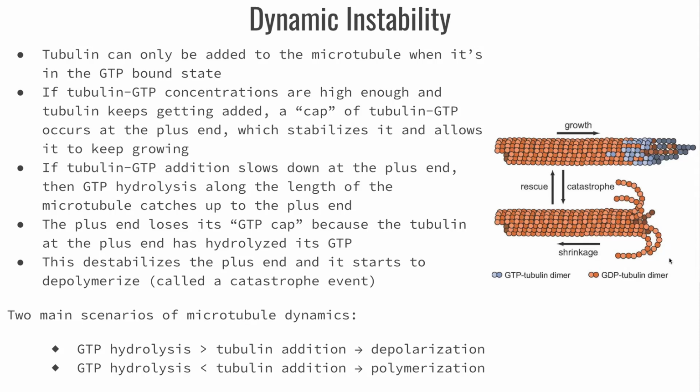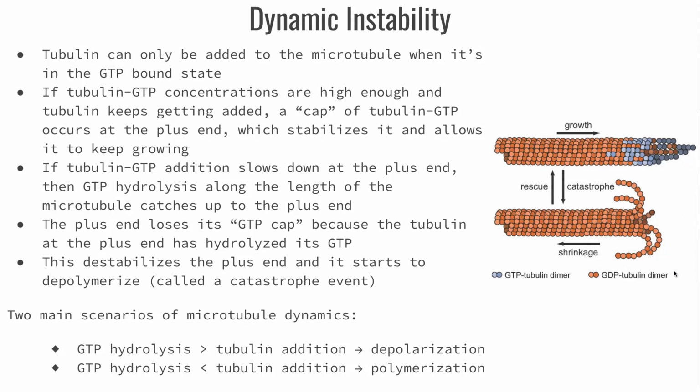Oh yeah, sorry. I did not explain these two. So the two main scenarios of microtubule dynamics. Basically this is saying if the hydrolysis of GTP is occurring faster than the tubulin is getting added, that means that the hydrolysis catches up and the GTP cap is no longer there.